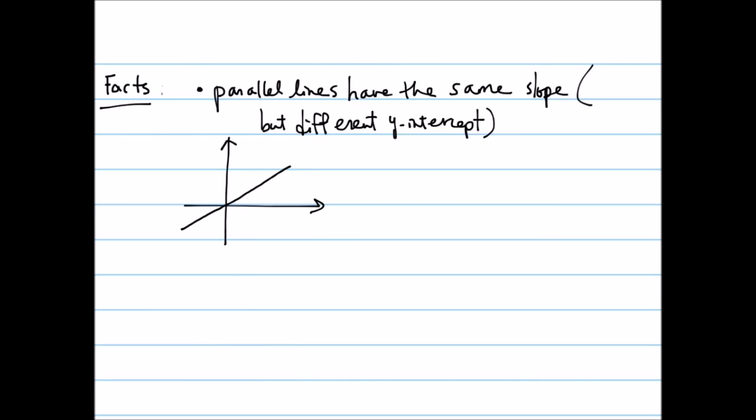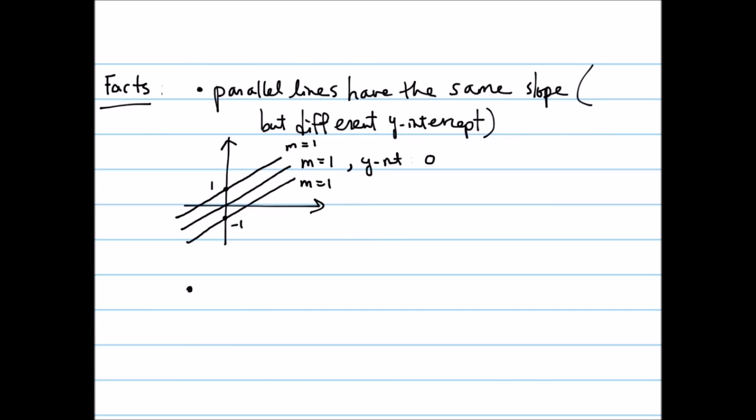For example, if this line here has slope 1 with y-intercept 0, because it goes through the origin, then a line parallel to it, let's say this one here, would also have slope 1, but this time it's not intersecting at the origin anymore. It's intersecting the y-axis at maybe 1 there. And then if you have another line parallel to it, like right here, it will also have the same slope, but intersecting at a different point, I'll say -1 there.